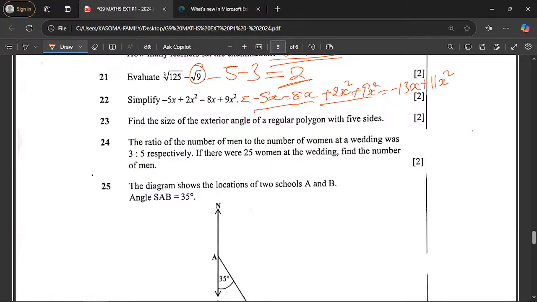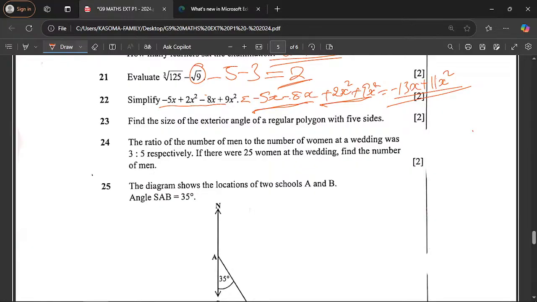So this is the answer. That way we have simplified it. What you need to do is just rearrange the expression into these two sets. There is no equal sign, so the negative 8 will not change to a positive. It's just a matter of shifting them. You put like terms together. That's all.